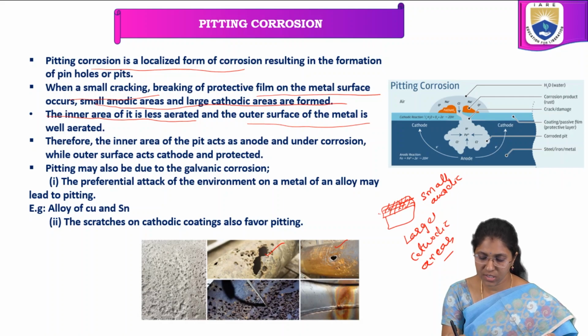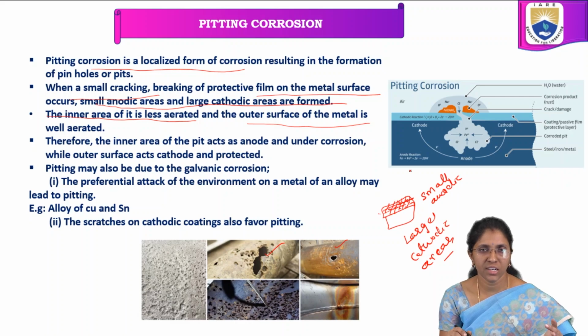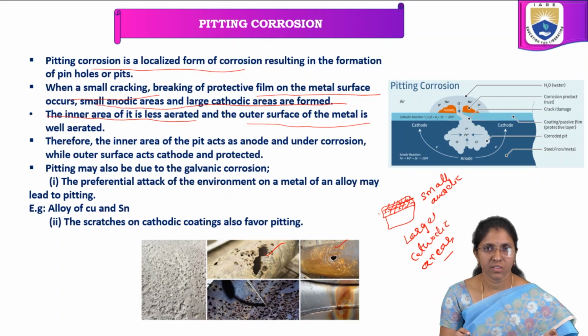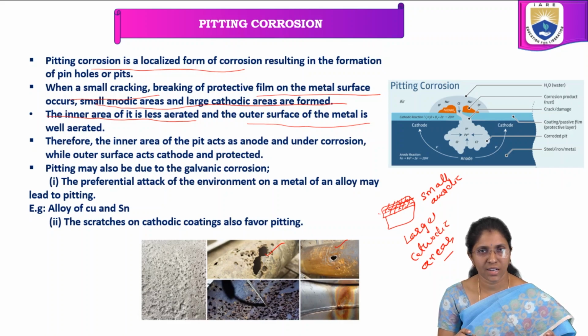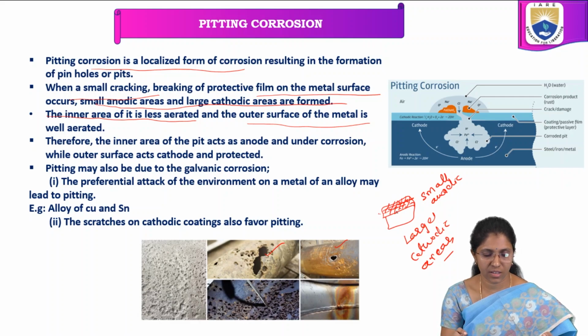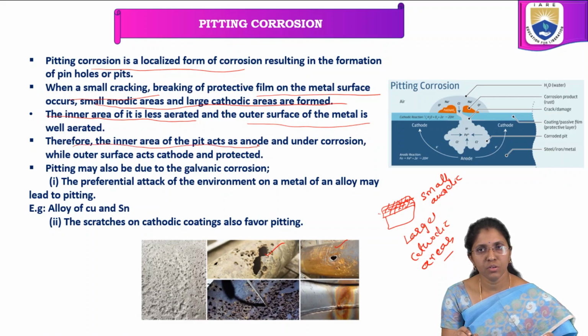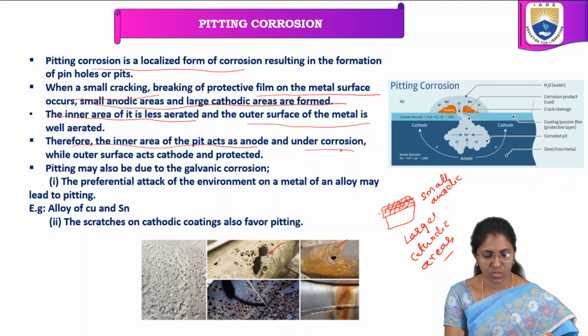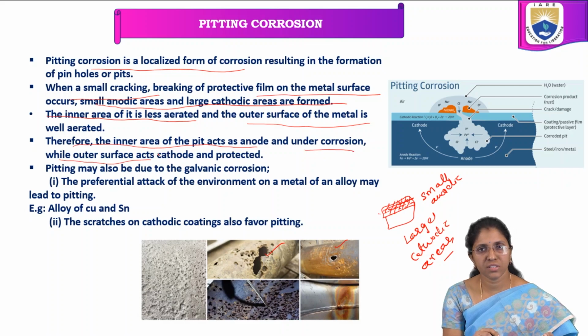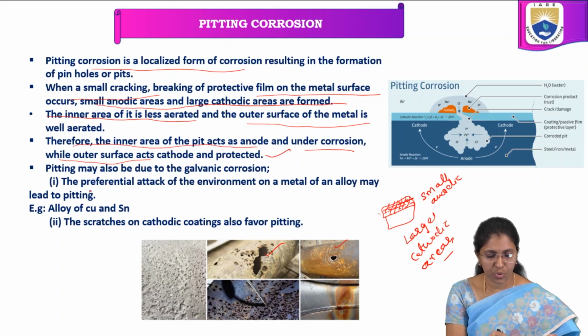So the inner surface area, in the pores and cracks, is a small anodic area that acts as an anode because it is less oxygenated. The more oxygenated area, the rest of the metal, acts as the cathode. Therefore the inner area of the pit acts as the anode and undergoes corrosion, while the outer surface of the metal acts as the cathode and can be protected.